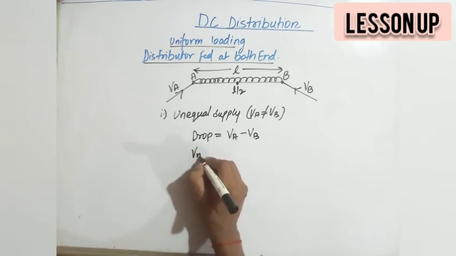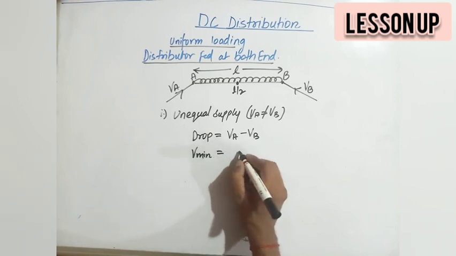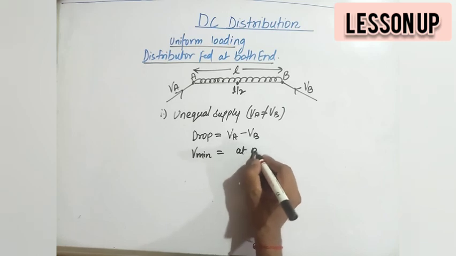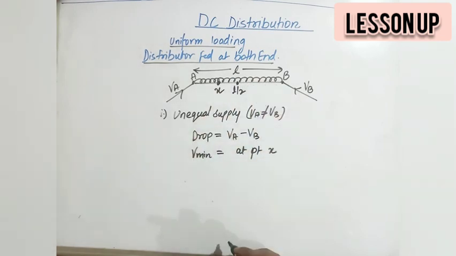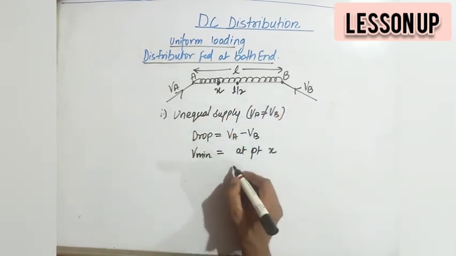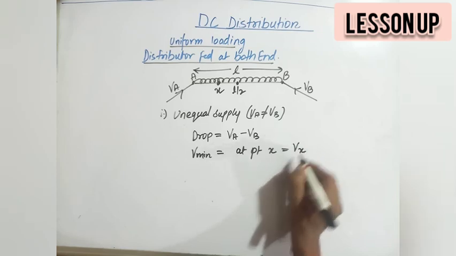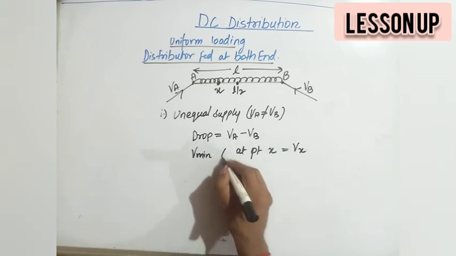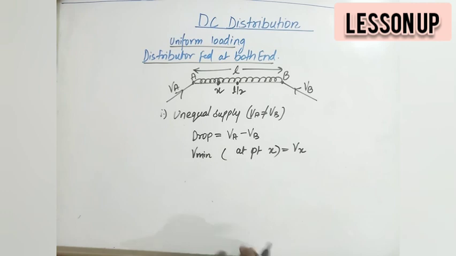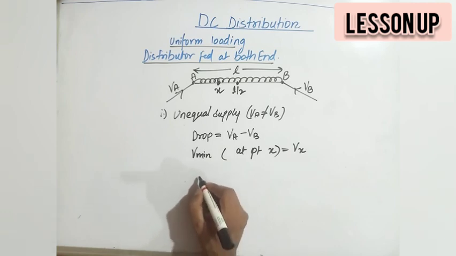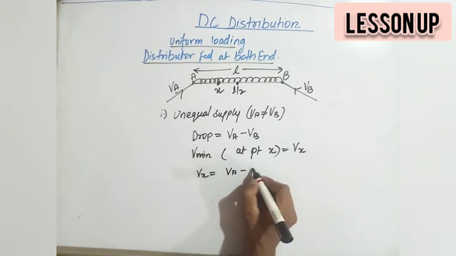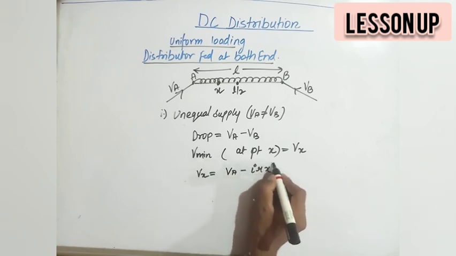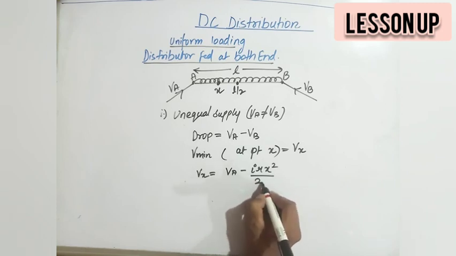And the minimum potential point will be at point X. Okay, the minimum potential point at point X, suppose we will take it as Vx.